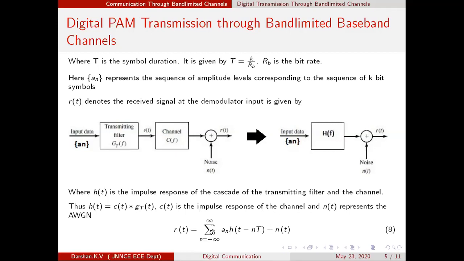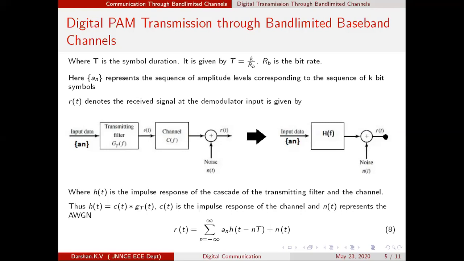Why are we using this sigma? Because you are generating a train of pulses, a sequence of symbols, and each symbol is generated every T seconds. Therefore we have t minus nT. So this is the received signal R of t.